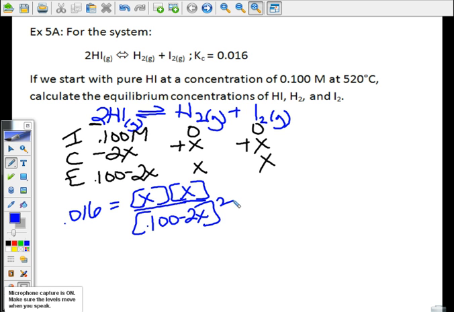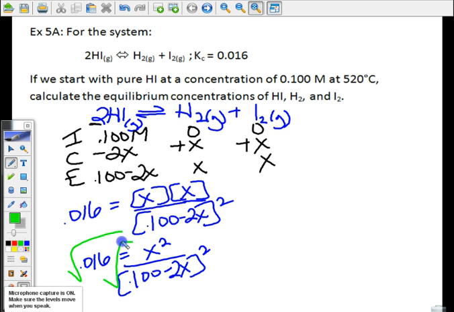FOIL, quadratic formula. I actually can see there's an easier way to solve this one. If you combine the top and make it x squared over 0.1 minus 2x squared, it would be a lot easier for you to just take the square root of both sides, and then you get rid of that square.